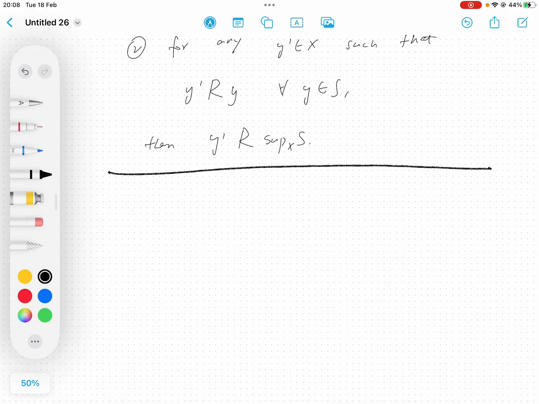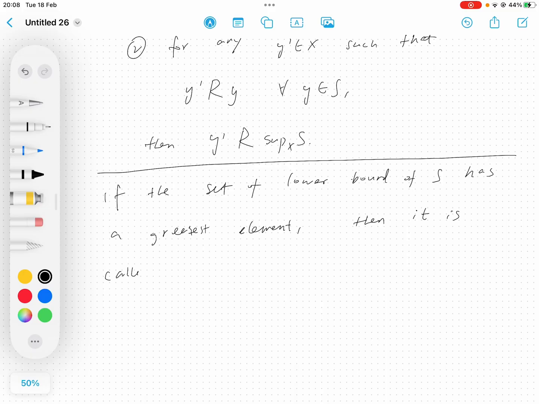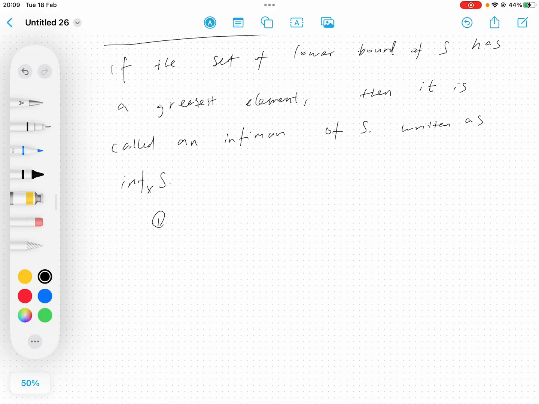All right, so let's say if the set of lower bounds of S has a greatest, or the biggest, element, then it is called an infimum of S, which is written as inf of S. And correspondingly, we have those two conditions.